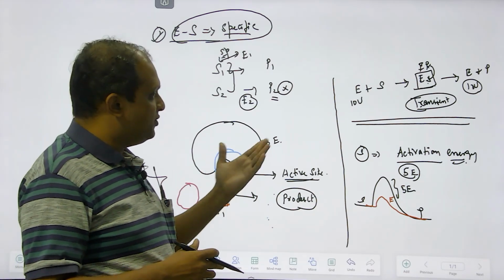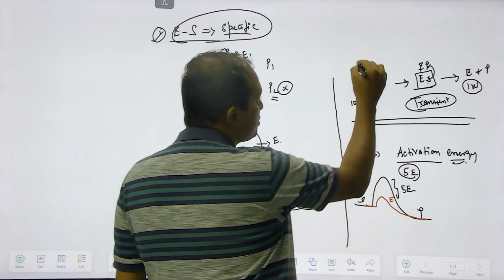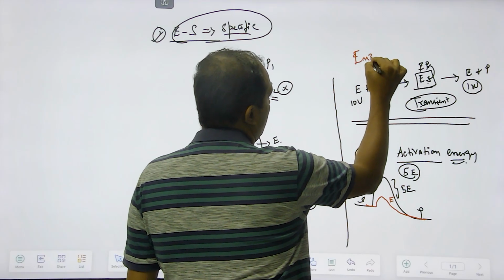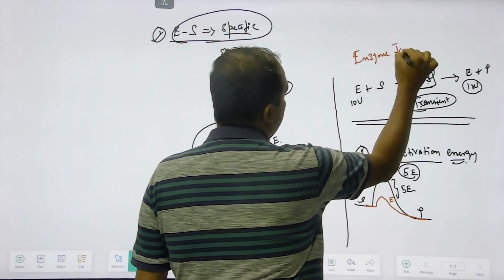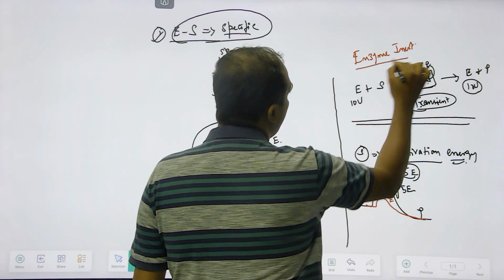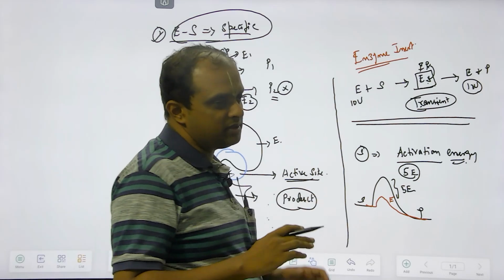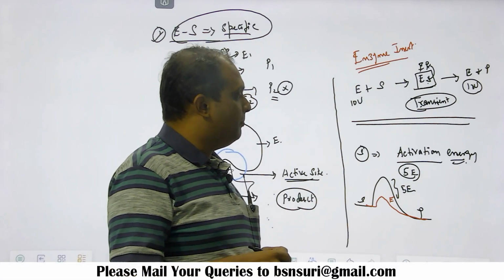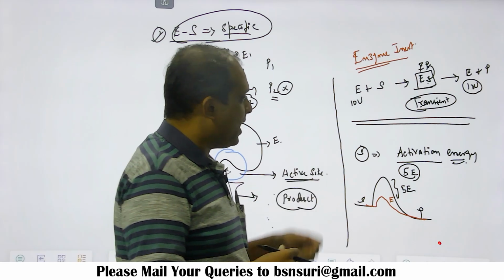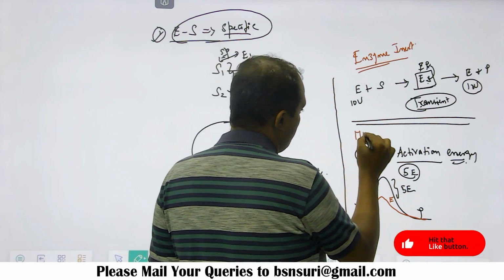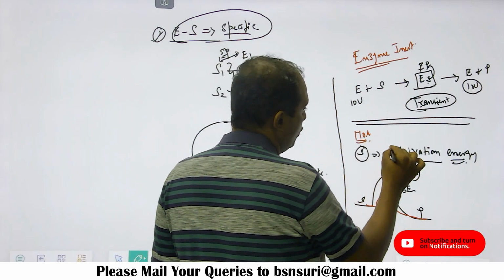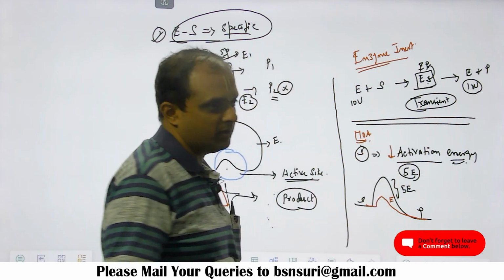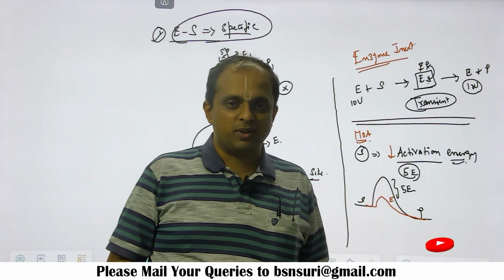Second, the enzyme is inert, meaning that it doesn't get involved in the reaction; it just makes sure that the reaction happens. And third, how does the enzyme work? You call it the mechanism of action: it lowers the activation energy. So these are some basic aspects of the enzyme.